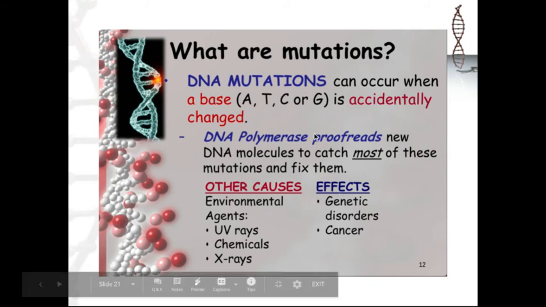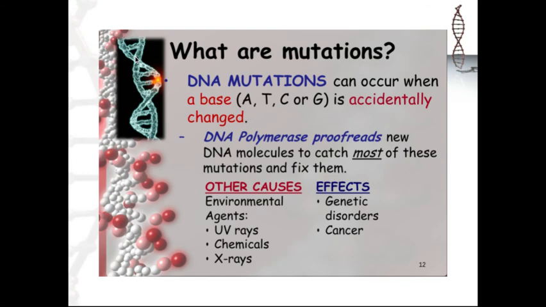Gene mutations are DNA mutations. Remember, DNA is just a strand of instructions, and there are different genes. One gene would be from here to here, and that means it's one set of instructions for one specific protein that goes out and does one specific job.